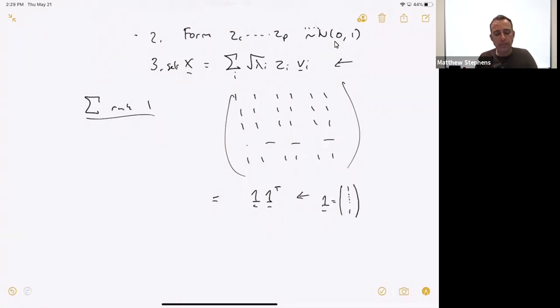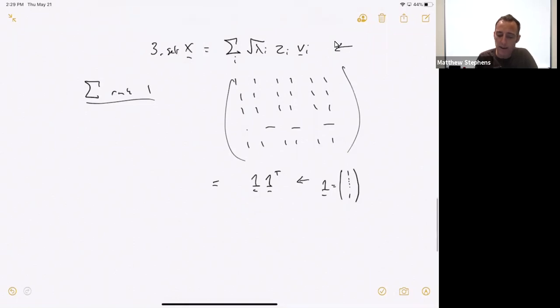So if we did the eigen decomposition, we would get eigenvectors that are all ones, and we would just have to do z1 times the column vector of all ones. So this would imply that X is normal 0, 1, 1 transpose.